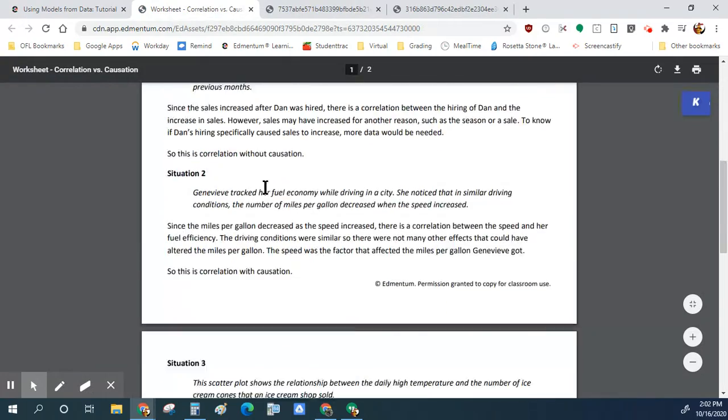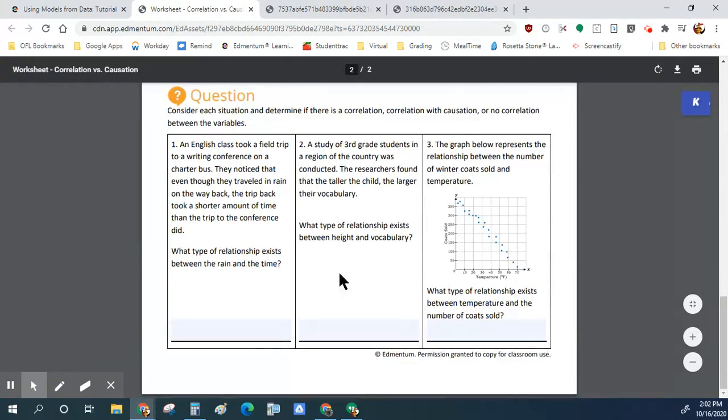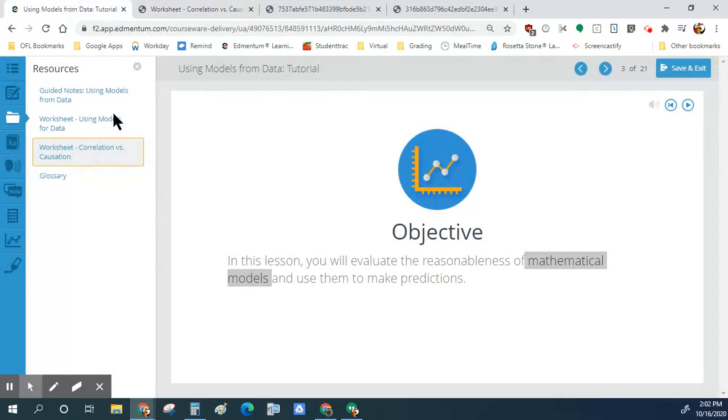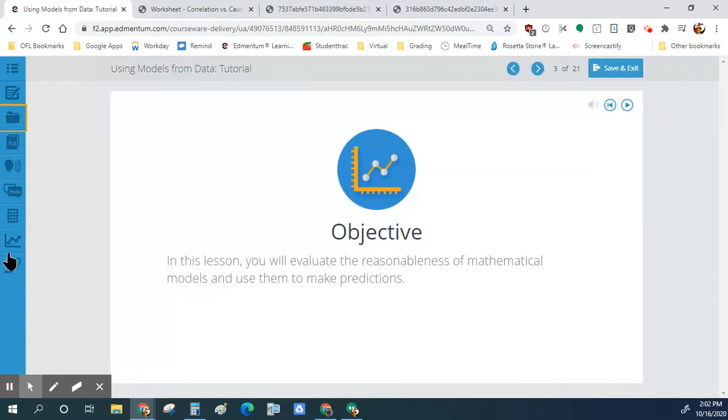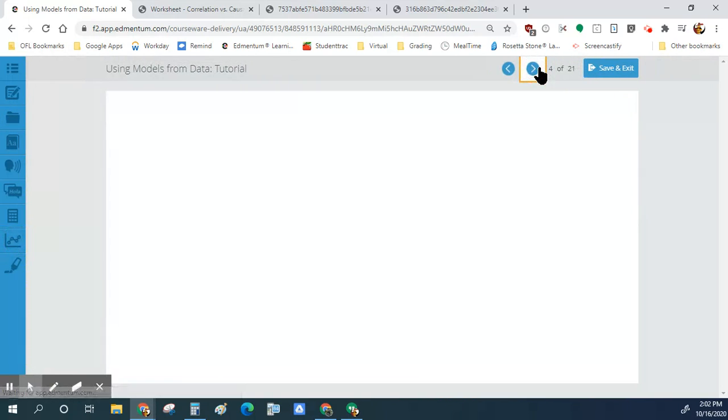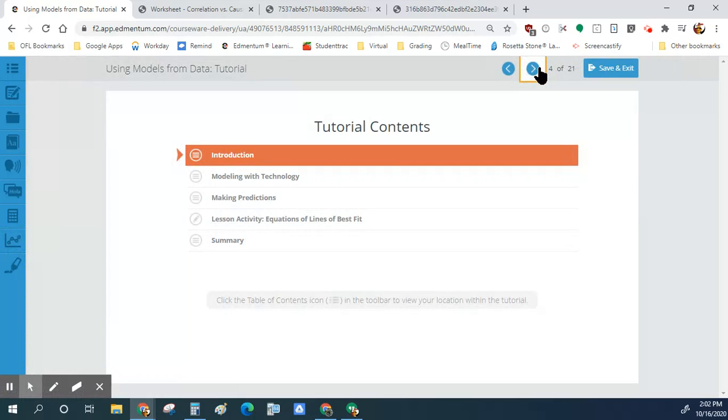And this also kind of explains the difference between causation and correlation. It's a very weird thing to grasp sometimes, because you're like, well, if something's correlated, why is it not caused by it? So those are little tools. As we get further in, I'll show you guys how to use graph and the dot plot more. So let's get into this.